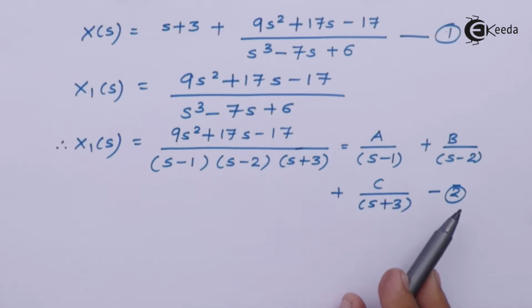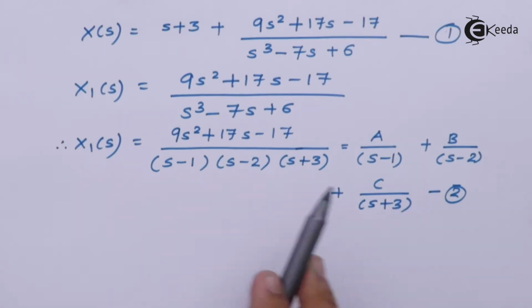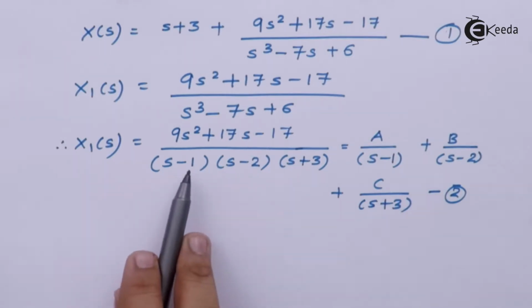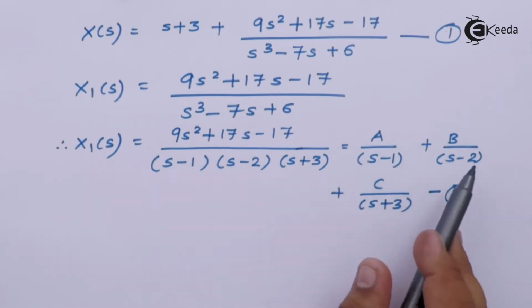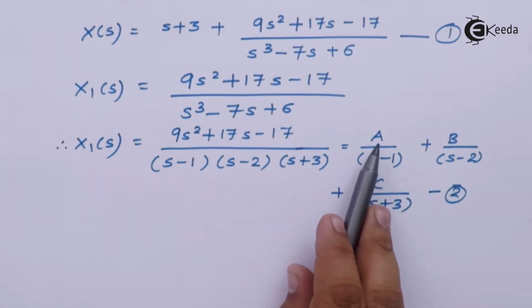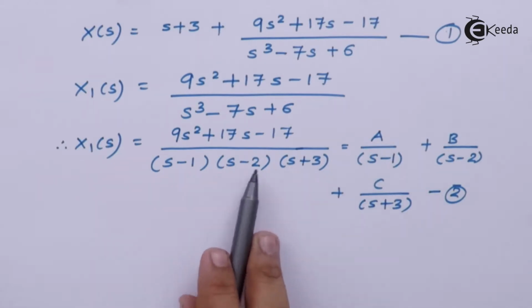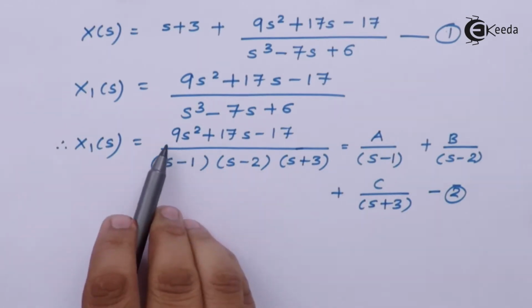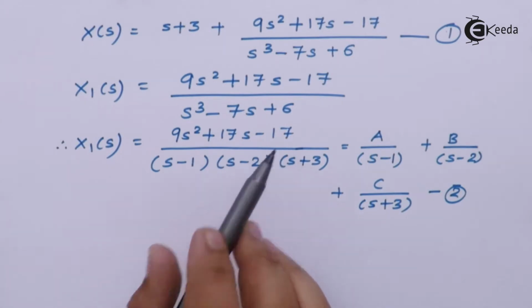And then what is our next part? Just cross multiplication. If we multiply the left hand side denominator on the right hand side, what you will get? s minus 1 will get cancelled. A will be multiplied by these two terms. So on the left hand side, first I will write 9s square minus 17s plus 17.